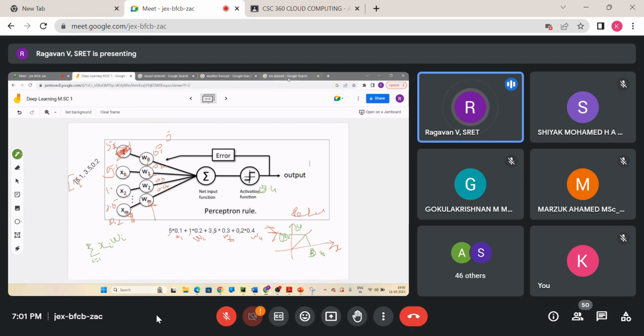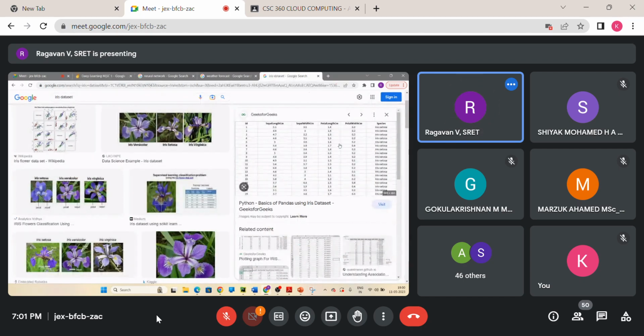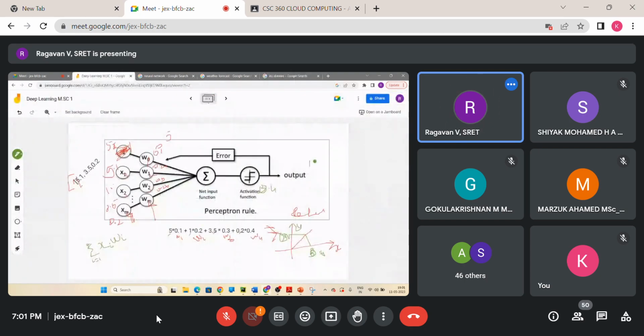I know this data set, so this is a supervised learning problem. The label is 1, but you got only 0.4. So the error is calculated, 1 minus 0.4, and is sent to the weight units.